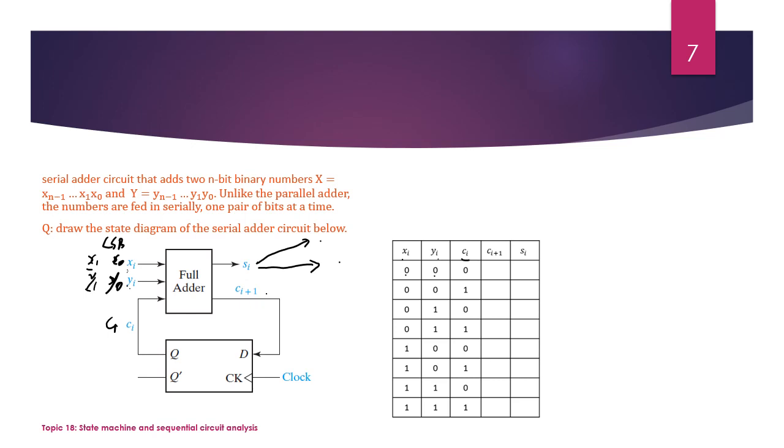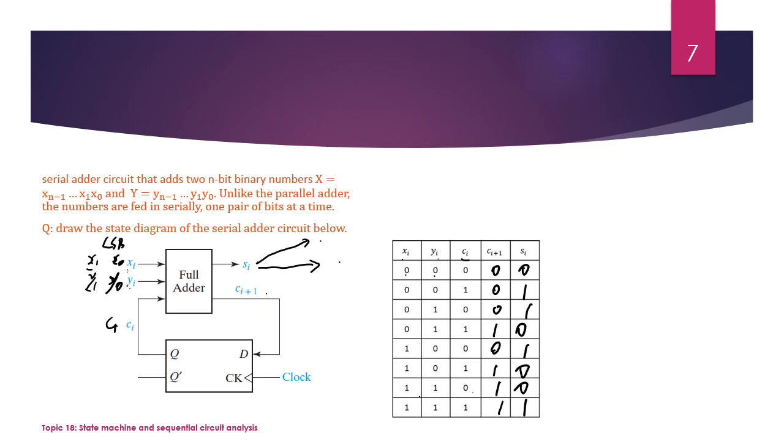If xi, yi equal 0, 0 and ci equals 0, because it's a full adder, very easy, you get 0, 0. Going through the remaining combinations, basically this is almost identical to the full adder truth table.